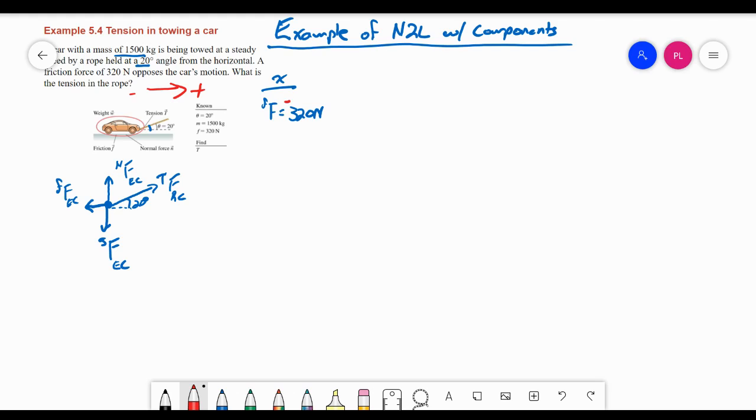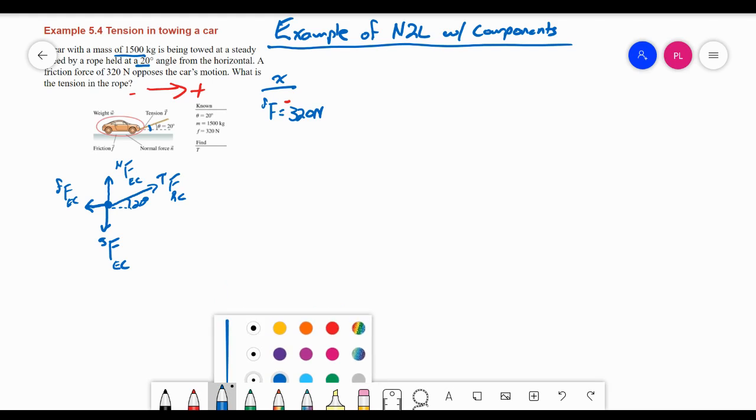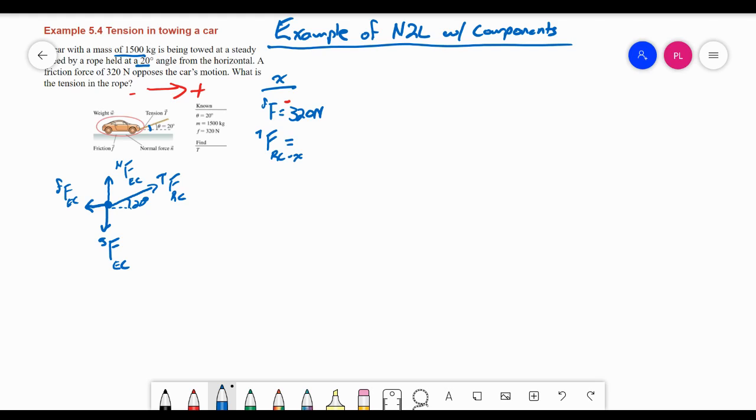That makes this 320 newtons negative. Lefty-righty, we don't have any other values given to us, but there is that force of tension, rope on the car, that does have an x component. We don't know what that is right now, but we know that it exists. There is the x component of the force acting in this direction.